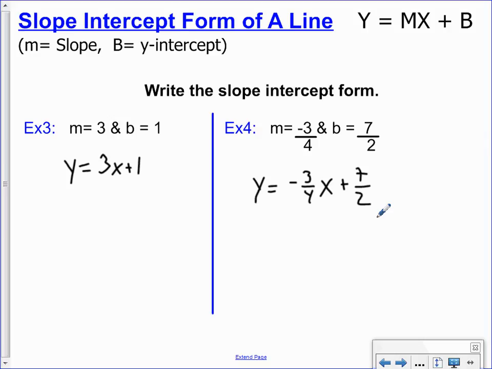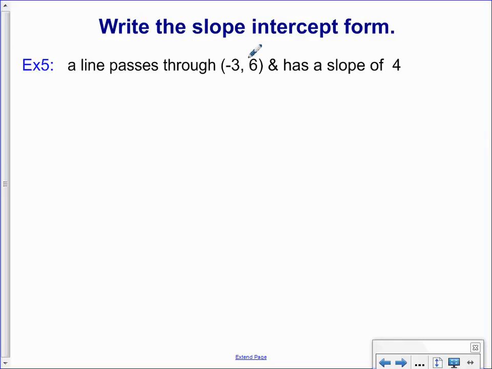Here you do. For example, if you wanted to write an equation of a line in slope-intercept form, let's say you have a point where it crosses and the slope is 4. Since we don't know what the y-intercept is, using y equals mx plus b, we fill in what we do know. The line crosses at a y of 6 and this x, so 4 times -3 plus b.